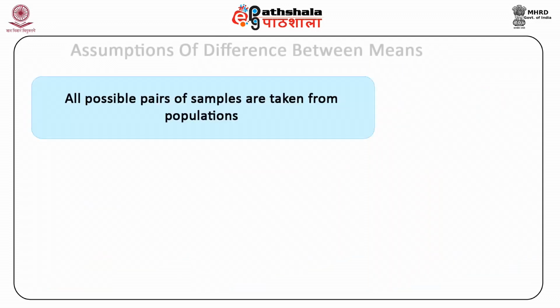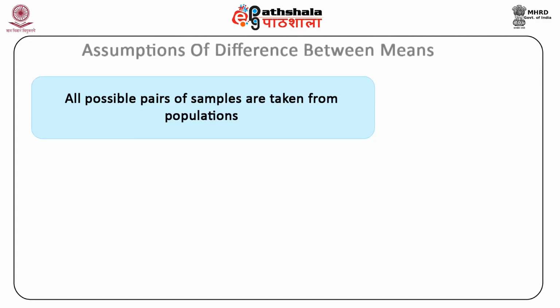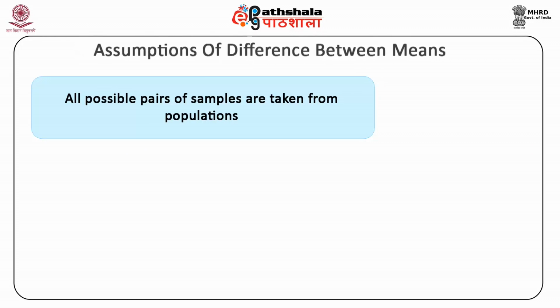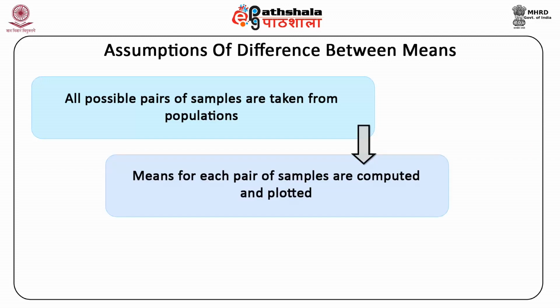All possible pairs of samples are taken from the population. The means for each pair of samples are computed and then subtracted, and the differences are plotted.